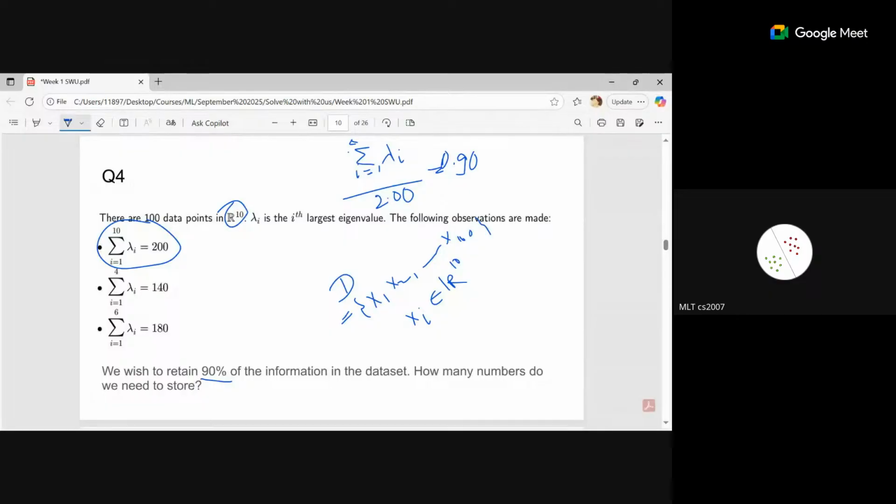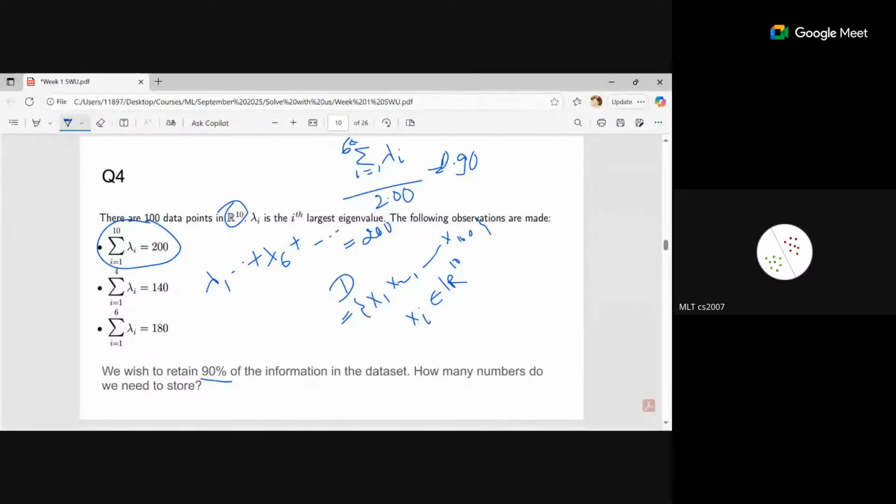So if we want this to be 90%, my i should vary from 1 to 6, right? Because if you do lambda 1 plus lambda 2 so on to lambda 6, and then lambda 7 plus lambda 8 plus so on to lambda 10, the whole thing is 200.